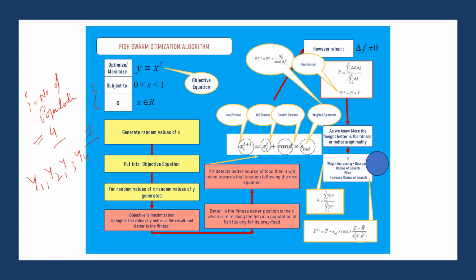Here I is denoting the number of population. So y1 means I is equal to 1, y2 means I is equal to 2, and so on. And t is denoting the iteration, number of iteration. t is the current iteration, t plus 1 is the new iteration.